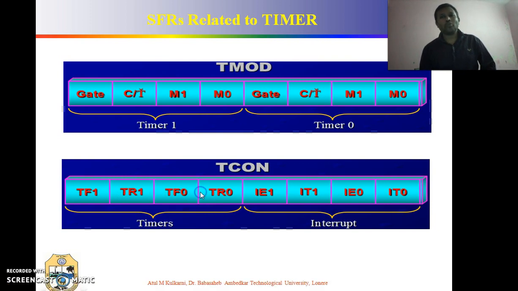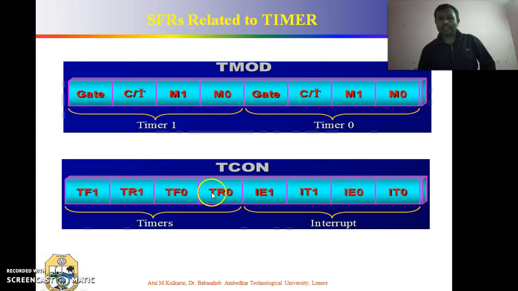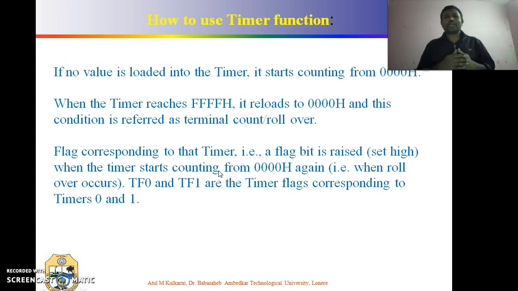Now let us move towards how this timer functions. For example, as we already discussed, if initially the contents of the timer are all 0, and once you start the timer by making the TR0 or TR1 bit of the TCON register 1, the timer starts. And after every clock pulse, the timer content increases by 1, and so on.